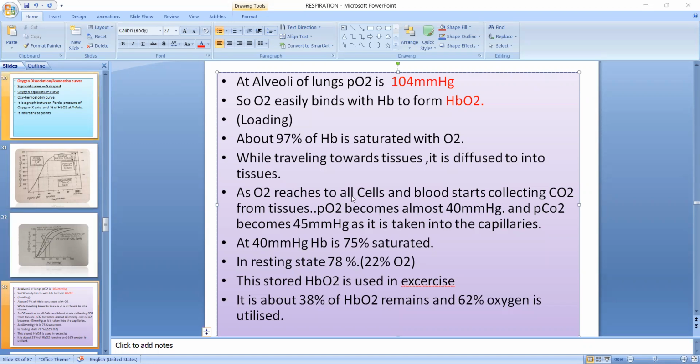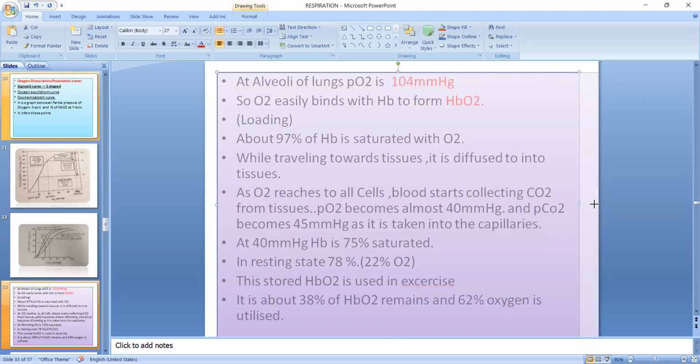As O2 reaches all cells, blood starts collecting CO2 from the tissues. Okay, while the blood is moving towards the tissues and giving the oxygen, at the same time the liberated CO2 from the cells is also collected simultaneously from the tissues by the blood.